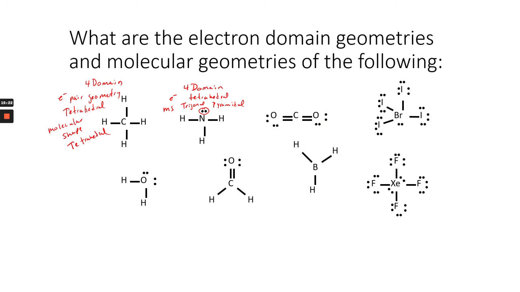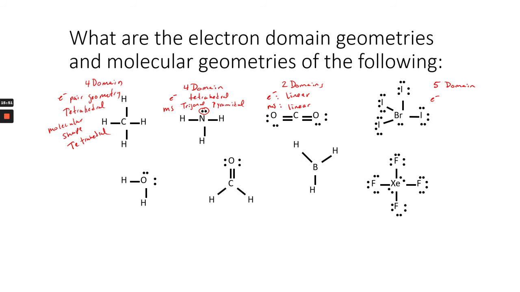Remember, we count the domains on the center atom, so carbon has 2 domains. That makes this linear. They're both bonds, so both the electron pair geometry and the molecular shape are linear. Bromine here has 1, 2, 3, 4, 5 domains.